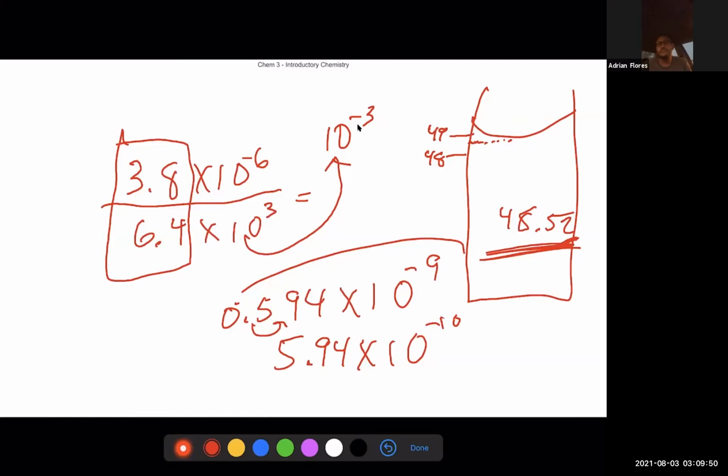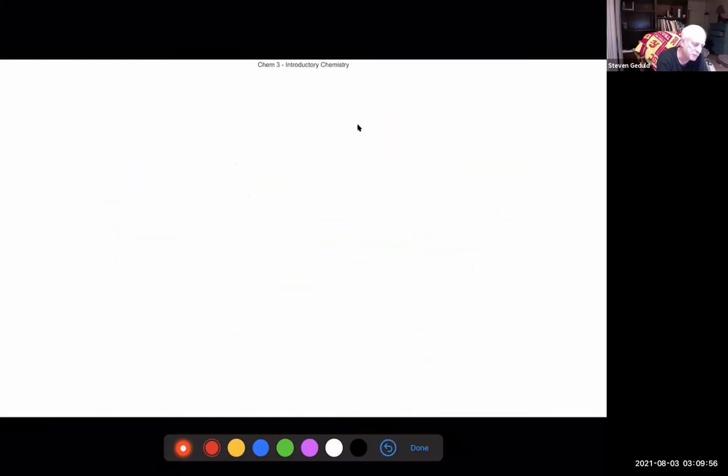Are we rounding numbers yet? Multiplying, dividing. We have different rules for multiplication and division, and we have different rules for adding and subtracting. Multiplying, dividing. Let's say we've got 3.28. And let's say we got 4.007.